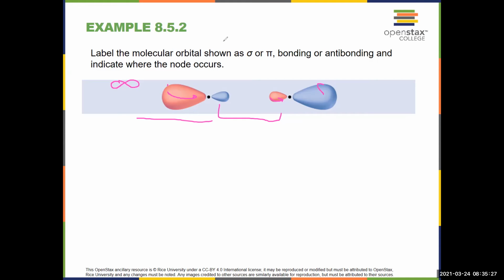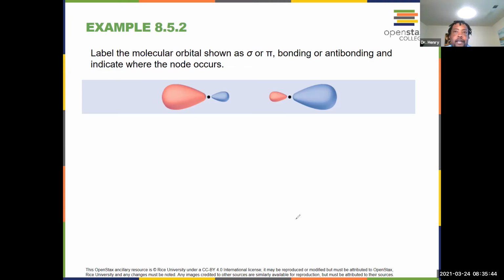Okay, Selena, you had a question? What do you mean by when the electrons are in phase or out of phase? Do you mean whether they're spinning in the same direction or in the opposite direction? Yes, that's what I mean by in phase and out of phase.